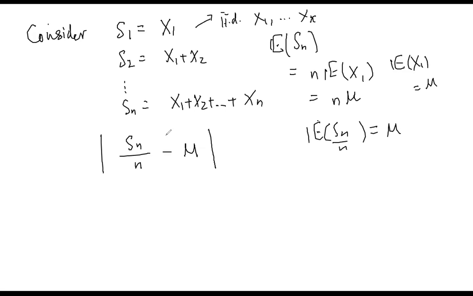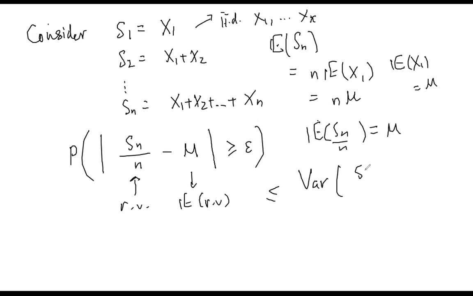So you have one random variable here, and this is the expectation of this random variable. Therefore, we can use Chebyshev's inequality. The probability that Sn over n escapes from mu by more than a certain amount is bounded by the variance of Sn over n, over epsilon squared.